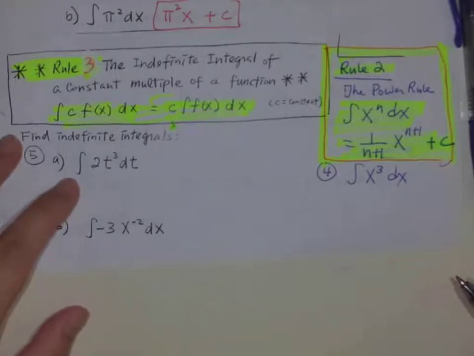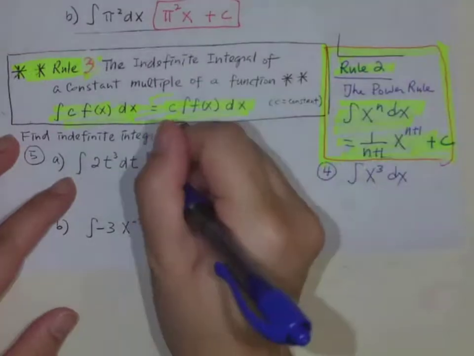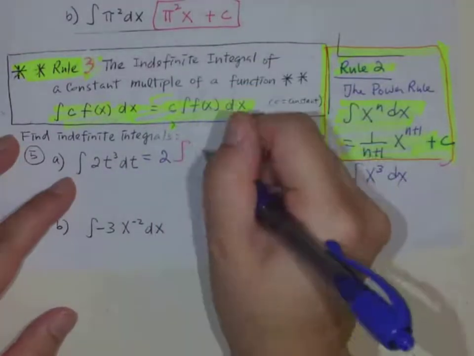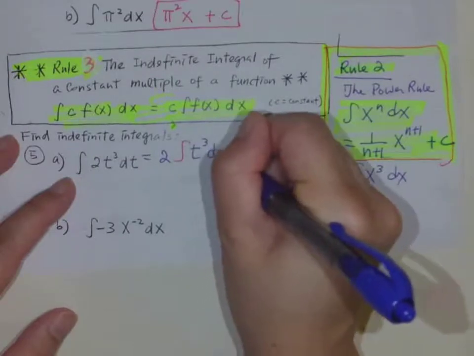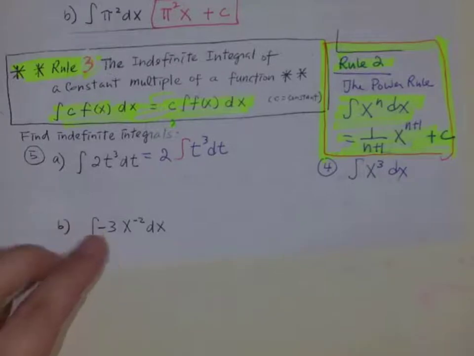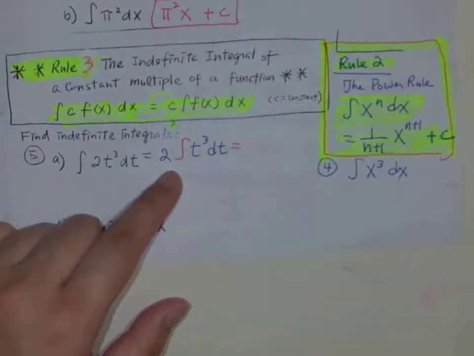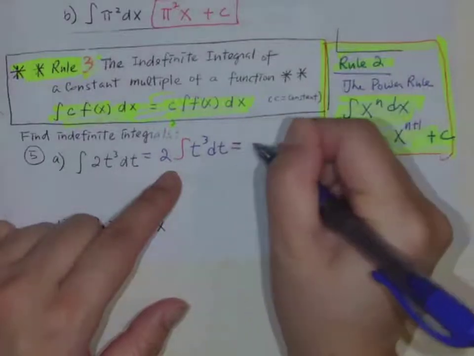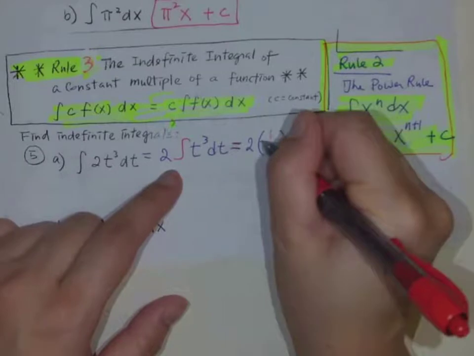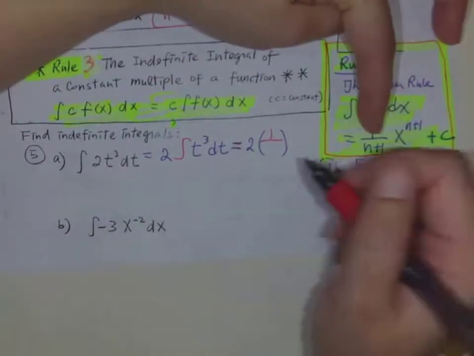So if I started with a function with a constant, I need to pull out a constant, right? So equal to 2 integral t cubed dt. Alright, so they say pull down the exponent. So I have my 2, but I need to pull down 1 over the power plus 1, right?